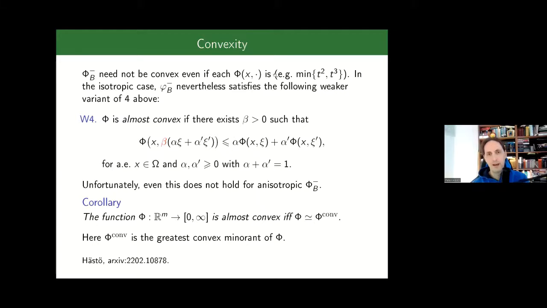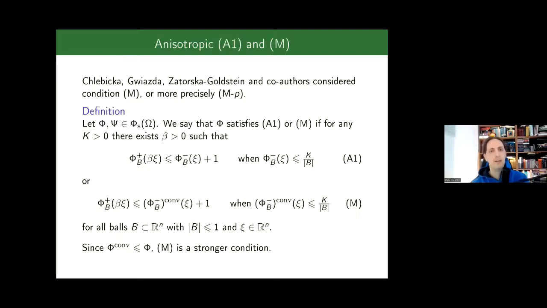But in the anisotropic case, this is not true. And here I want to compare again two conditions. So this A1 is the same as before in this formulation with the +1 now.